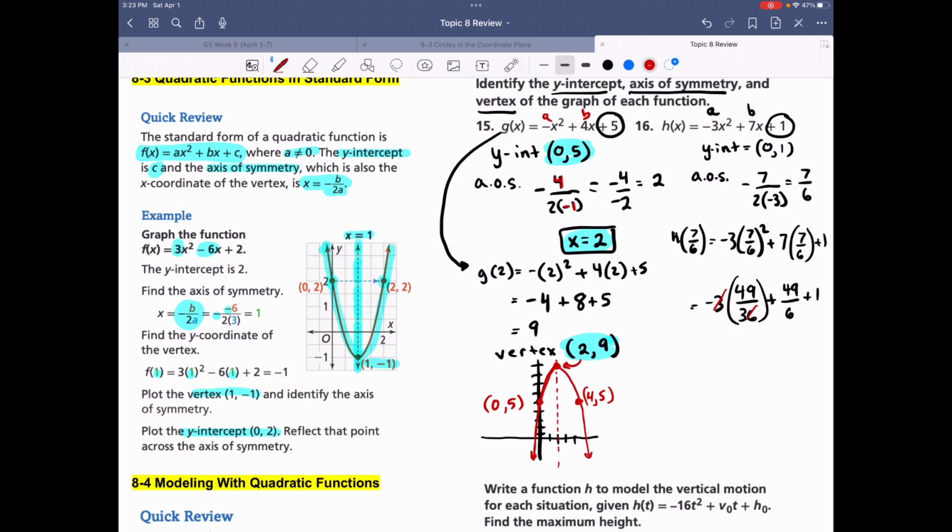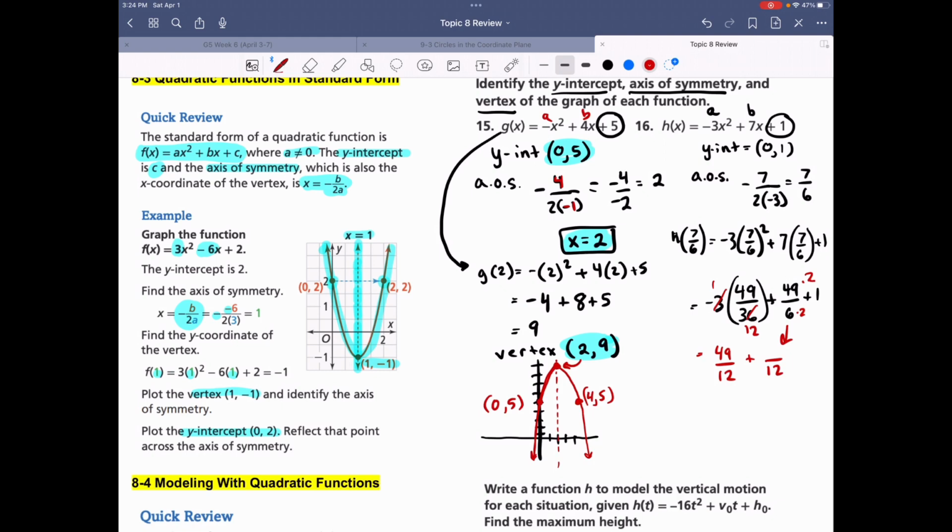So this and this become 1 and 12. And that is equal to 49 twelfths, which I'm just going to leave like that, plus 49 over 6 I could make into over 12 by multiplying by 2.